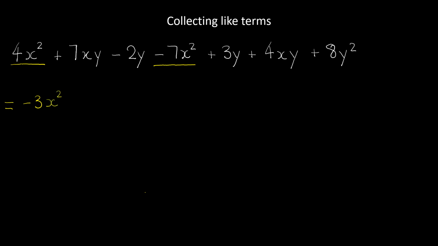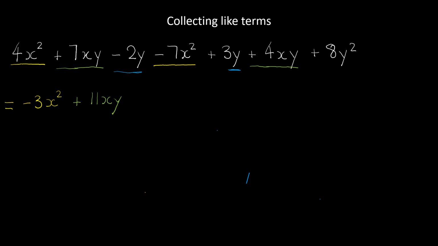All right, what's next? The next term in my list is xy. Are there any other xy's? Yes, over here I can see a plus 4xy. So I have a plus 7xy and a plus 4xy, which gives me 11xy. Then I have a y, just y by itself. And here I've got y by itself.